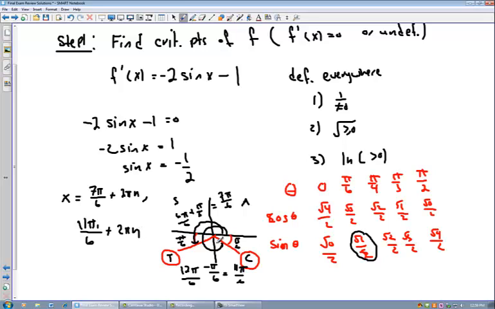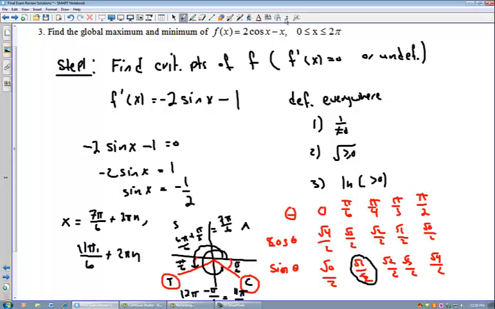Again, you could start here, go 11 pi, then plus 2 pi gets you back to where you started. Of course, we only care about 2 answers because we're limiting ourselves to the interval 0 to 2 pi. So all I care about are these first 2 solutions, 7 pi over 6 and 11 pi over 6.